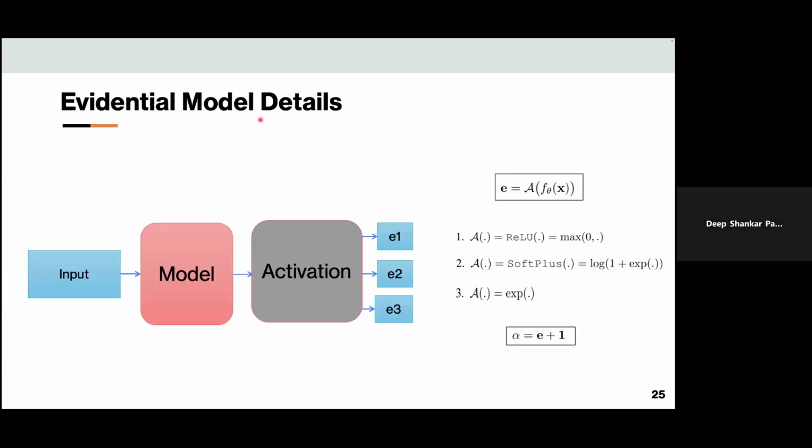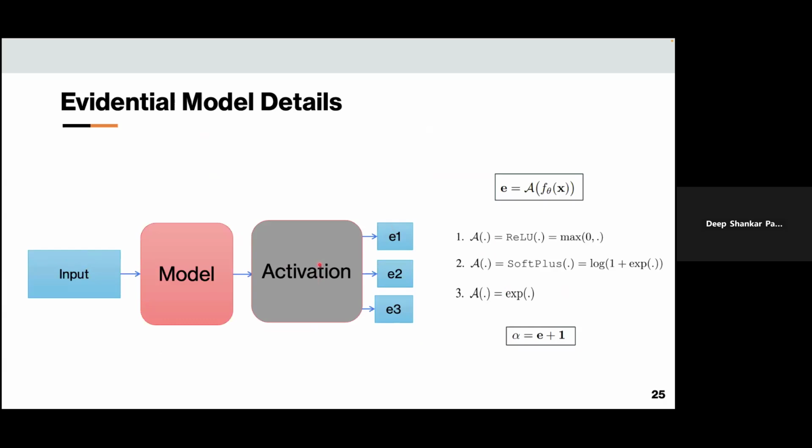So if we want to extend evidential models to the deep learning framework, we basically pass the input through the model and transform the model's outputs through some evidential activations to obtain the evidences.